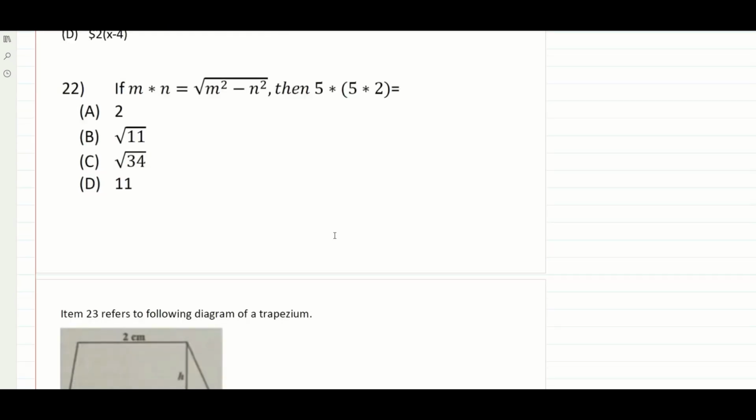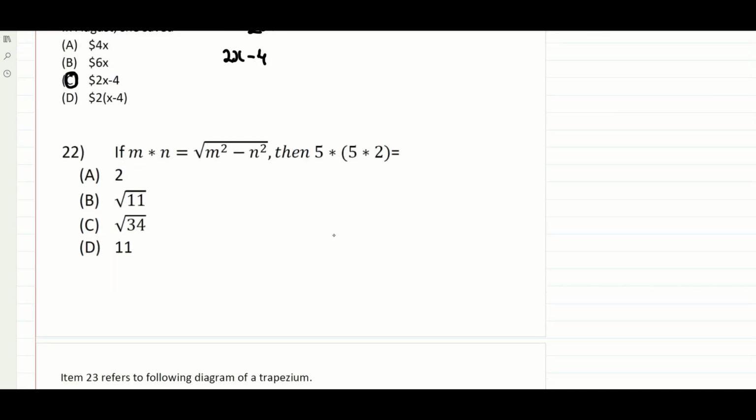Let's read number 22. If m asterisk n is this binary operation, then 5 asterisk open bracket 5 asterisk 2 is equal to, now if we know anything, we always do brackets first. So if we compare 5 asterisk 2 and m asterisk n, we can see that m is equal to 5 and n is equal to 2.